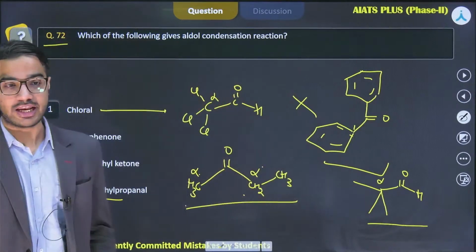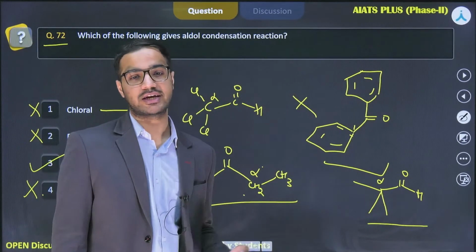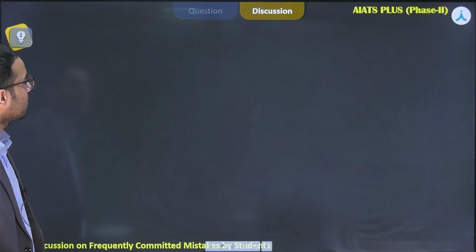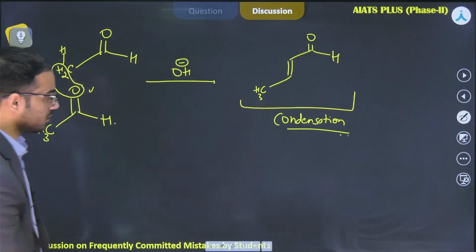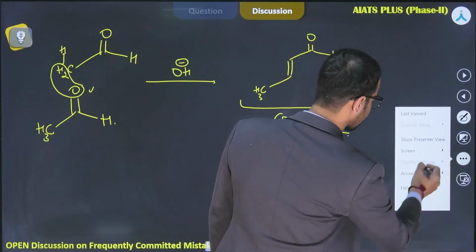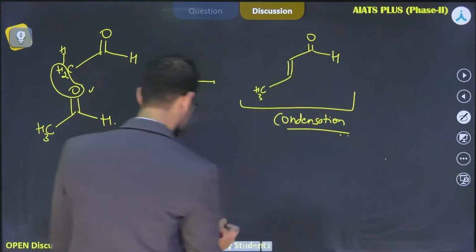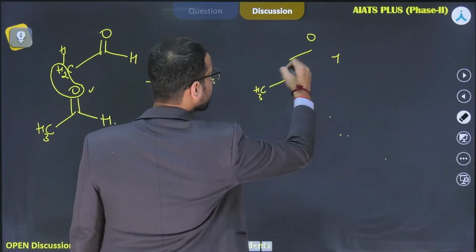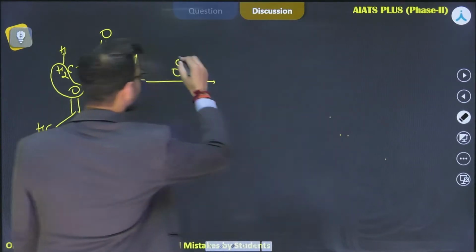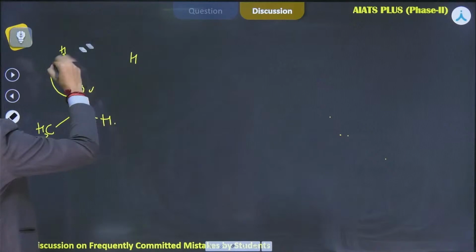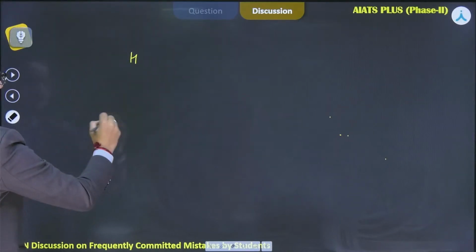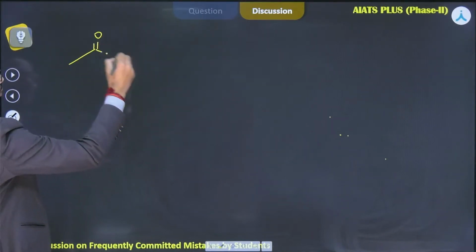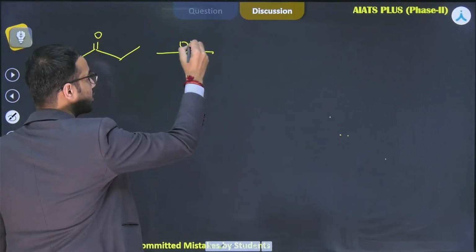Okay, shall I give you a simple question so that you can try? Let me give you a simple question. Let me delete a slide for you. Let us say you have C double bond O like this, and you are reacting it with a base.